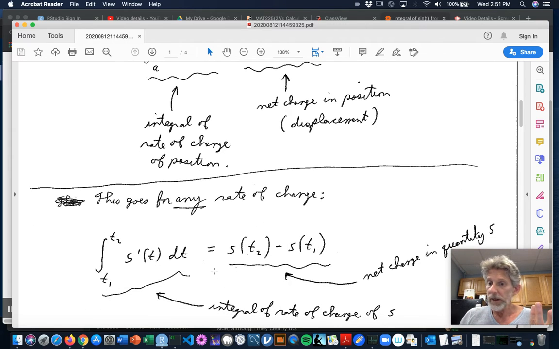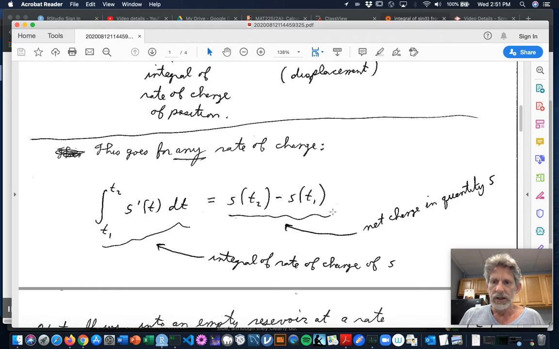This goes for any rate of change at all, for any type of quantity, not just for velocity being the rate of change of position. Let S be any quantity at all that could have a derivative, a rate of change.